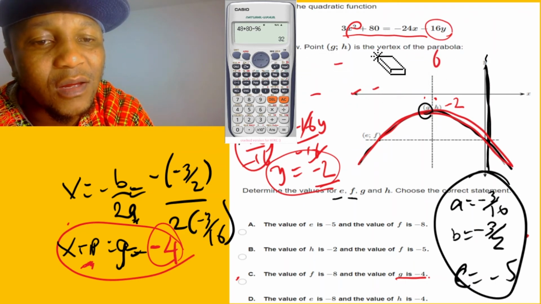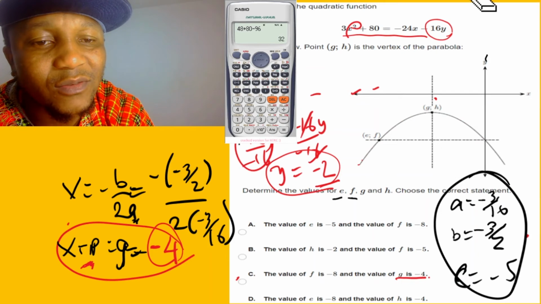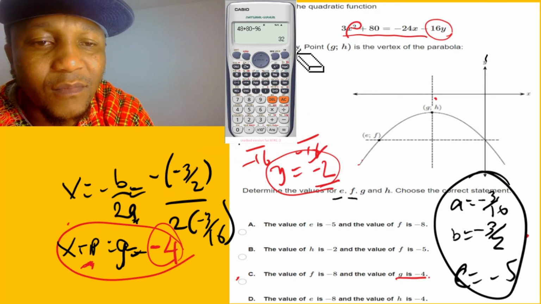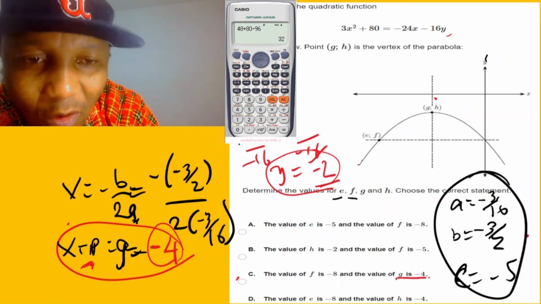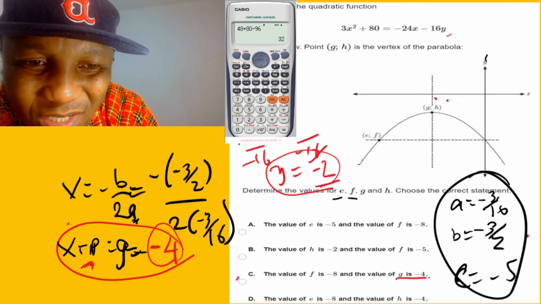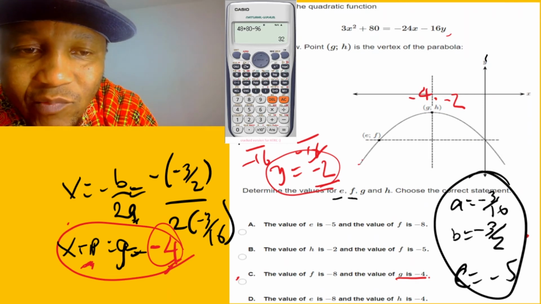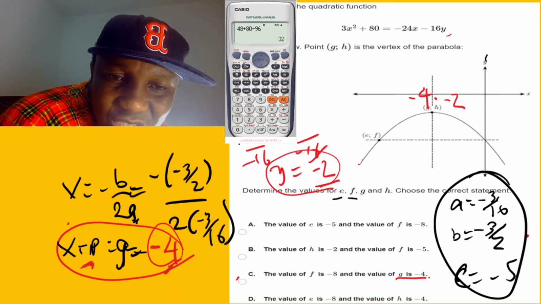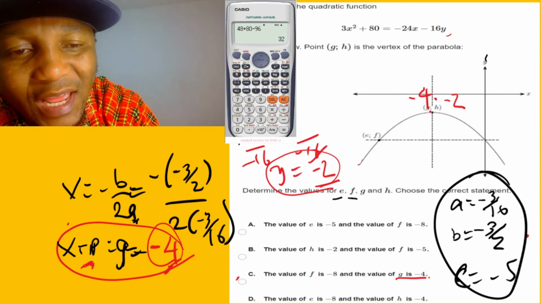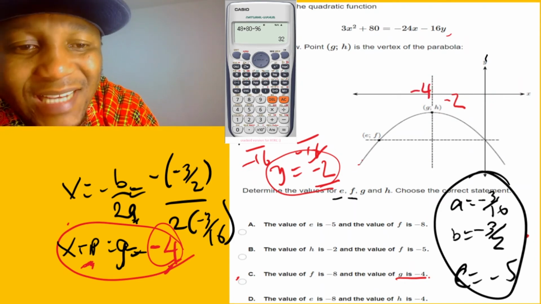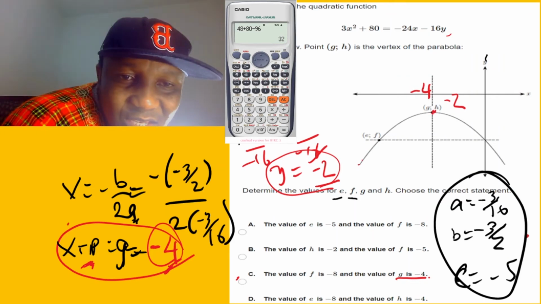So h equals -2 and the value of x, g, equals -4. So g equals -4 at the turning point and h equals -2.